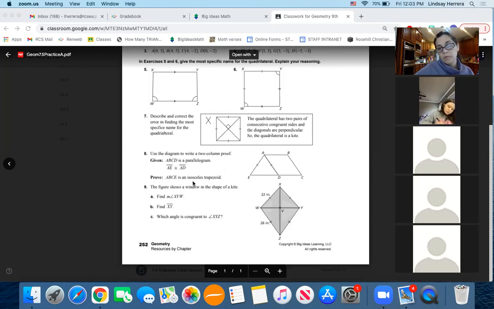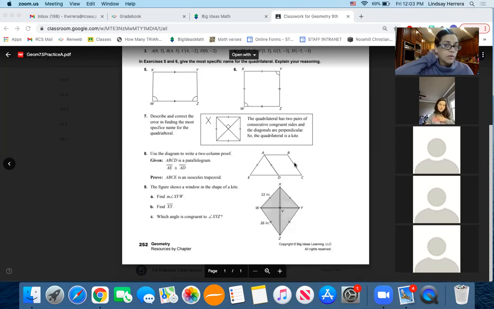is an isosceles trapezoid. So our number one would say that AD is congruent to BC, and that is the definition of a parallelogram, right? Opposite sides are parallel and congruent. Sorry, we're just going through the different steps.